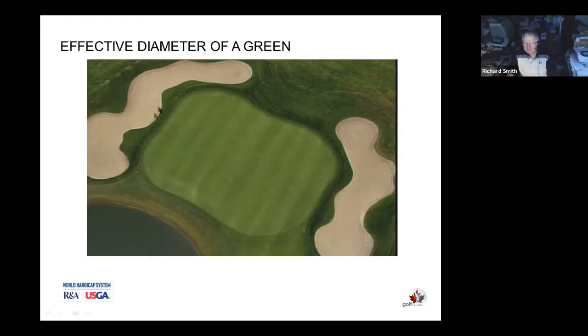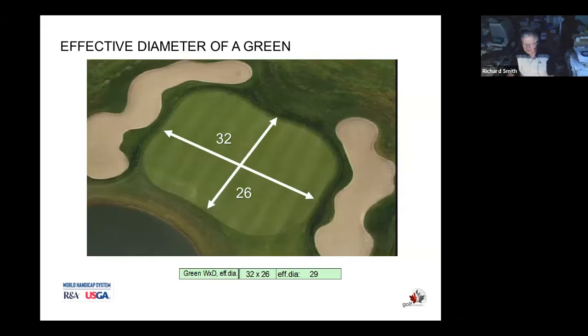It doesn't have to be a rounded off rectangle like this, but in most cases, we measure the width and the depth of the green and just take a simple average. So here we record the width and the depth on the form, 32 by 26, effective diameter, just the average of those two, 29.